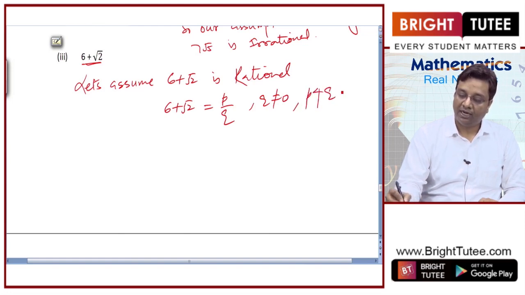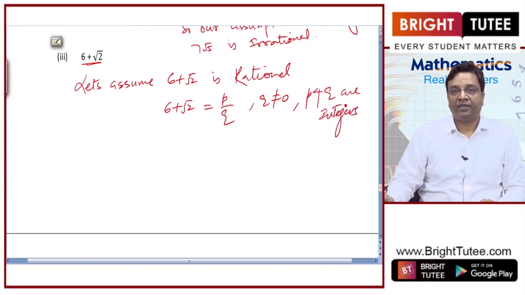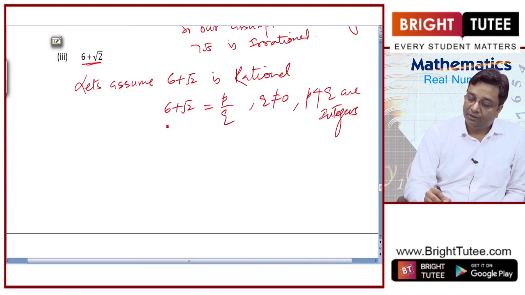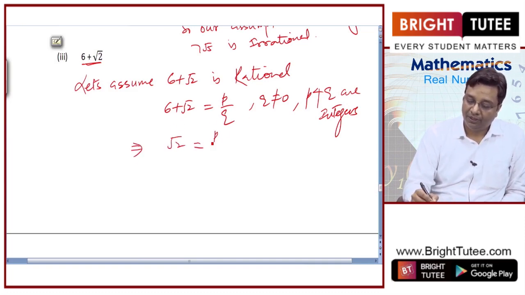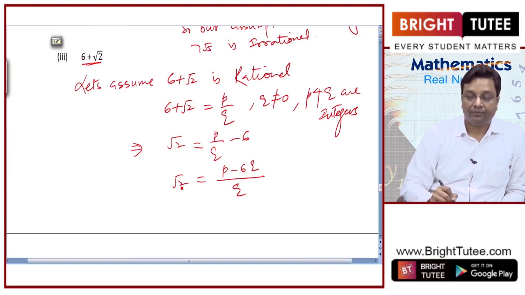P and q are integers. Okay, all right. So root 2 is equal to p by q minus 6. So I can write p minus 6q by q, right?